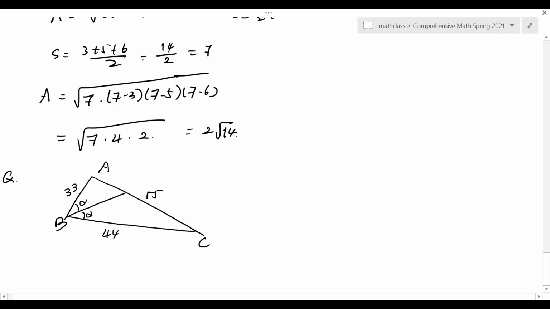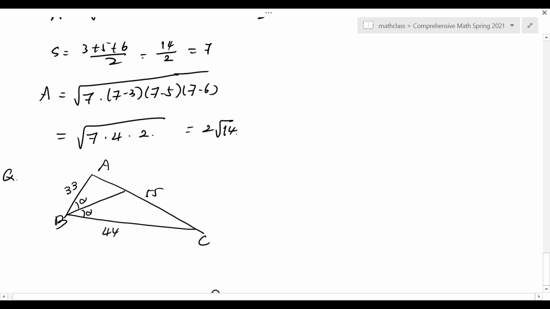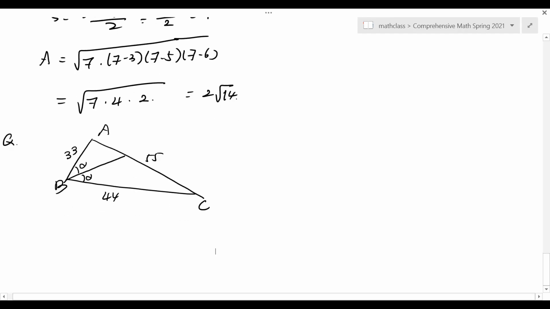So this is a picture. A line bisecting the larger acute angle in a triangle with sides 33, 44, 55 divides the opposite side into 2 segments.